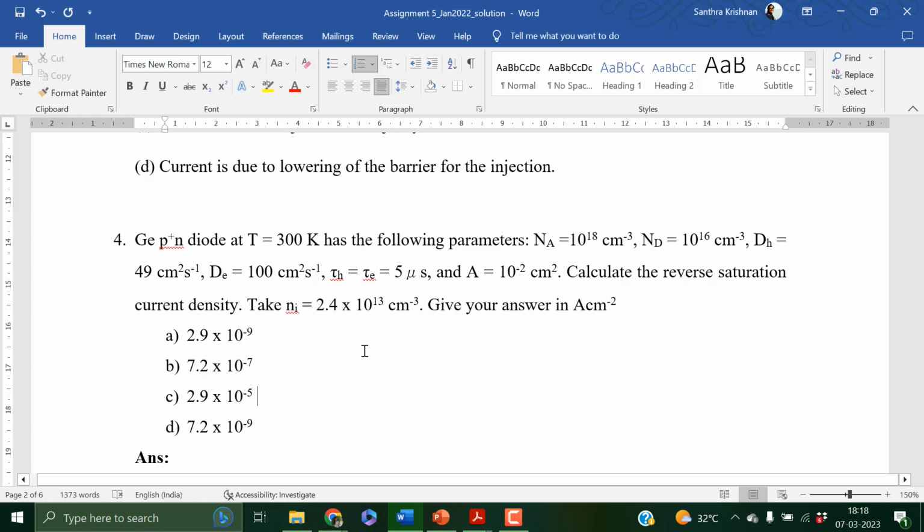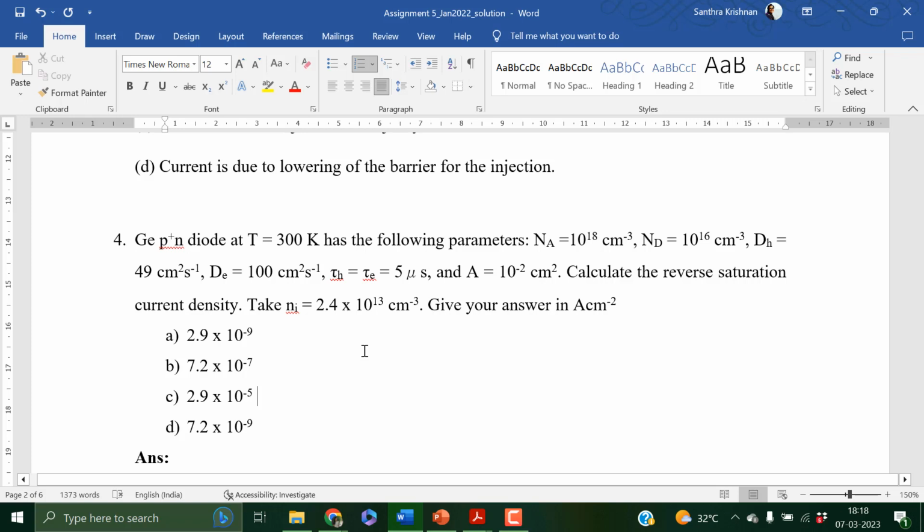Can you first tell me the equation that you will be using in this case? Yes, I have solved this. First, we will calculate the diffusion length since diffusion coefficients are given. Then I will use the reverse saturation current formula, that is Js naught is equal to Ni square e into Dh by Lh into Nd.